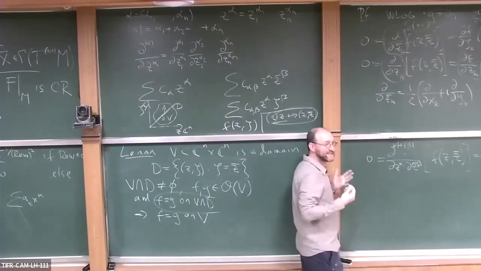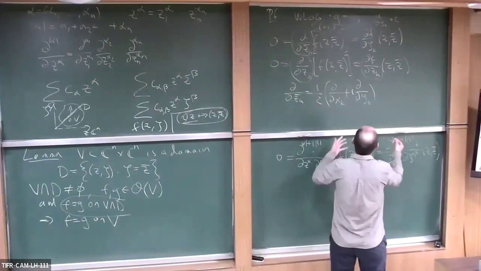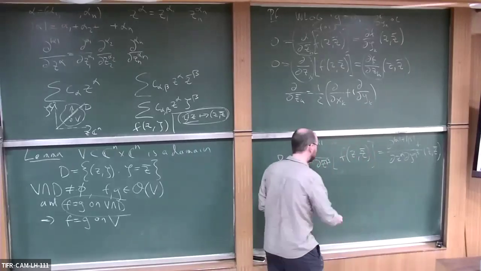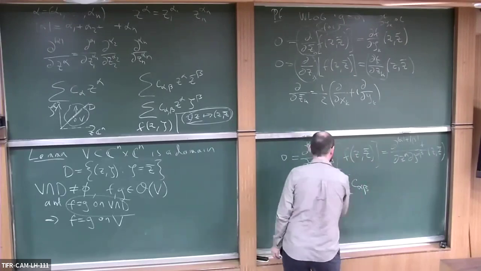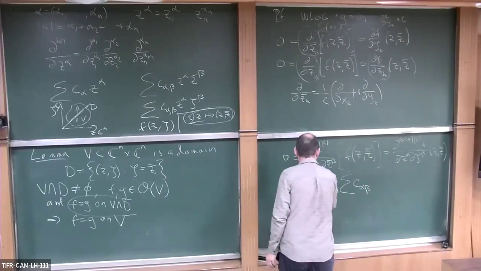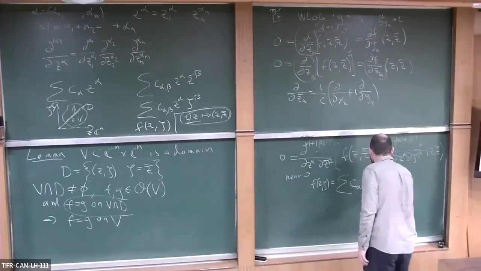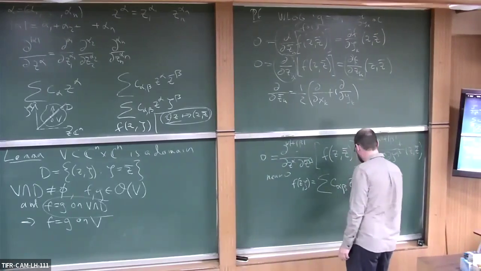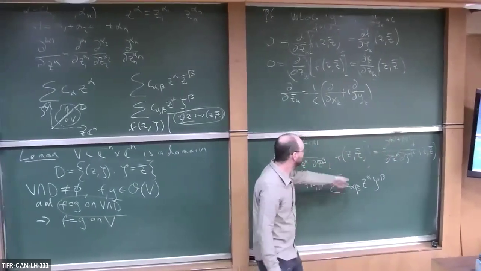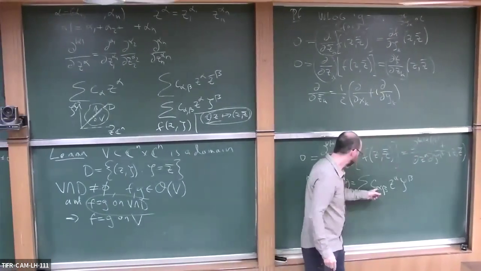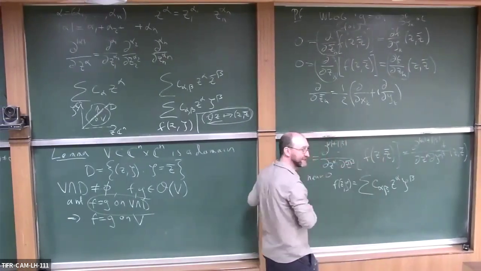If we write down the power series for this holomorphic function F of z and zeta, near 0, F of z, zeta is equal to the sum over alpha, beta of coefficients times z to the alpha, zeta to the beta. What does it say? This says that all of these guys are 0. That's how we compute the coefficients with the Taylor theorem.